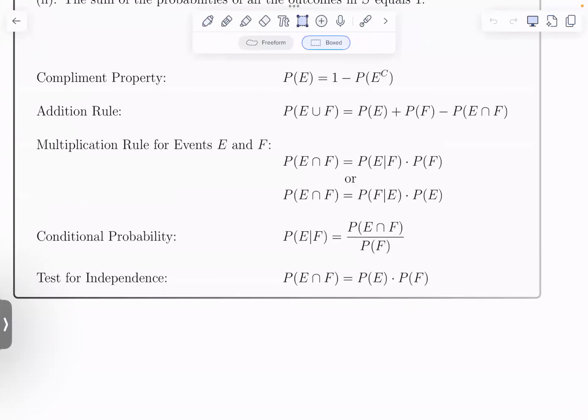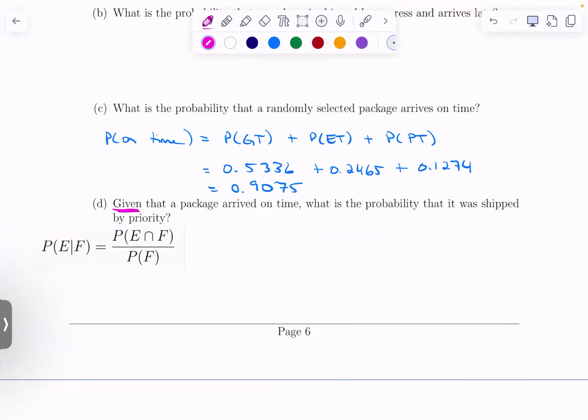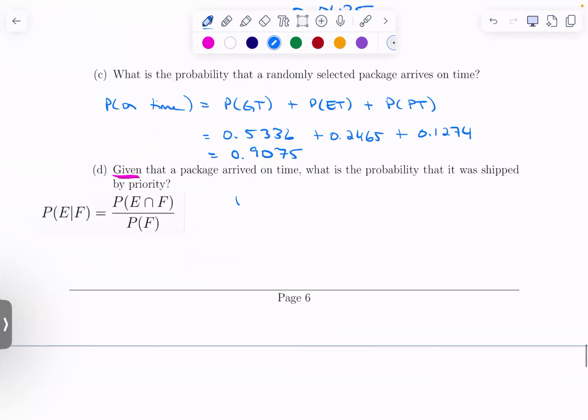The conditional probability in general looks like this. And you want to map. Okay, so let's see here. We want to find the probability that it was shipped by priority. And it always throws me off when they give the information first and then the probability that we want. So just make sure you're keeping track of what it wants.